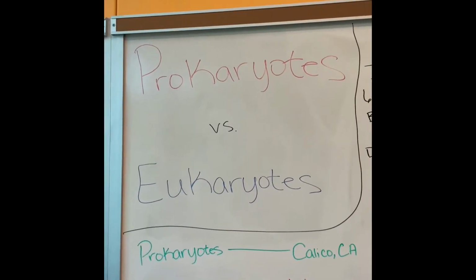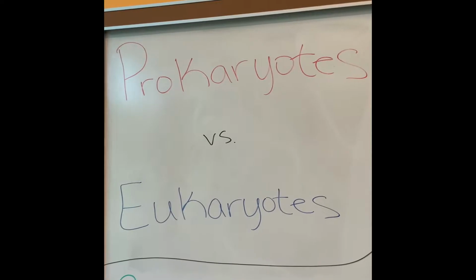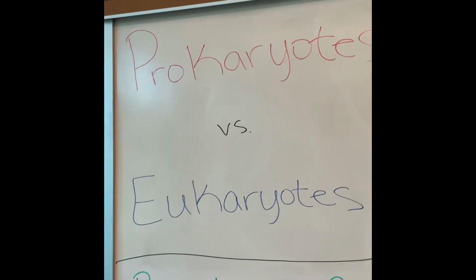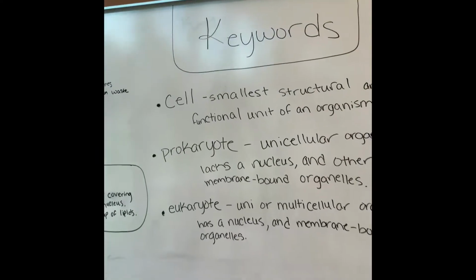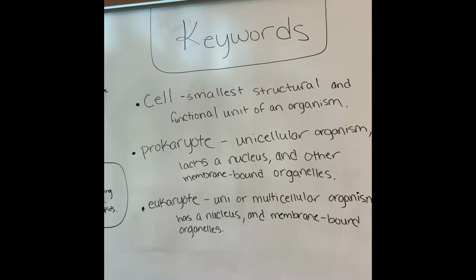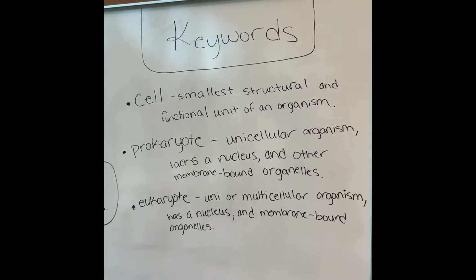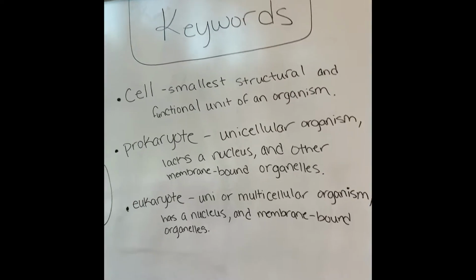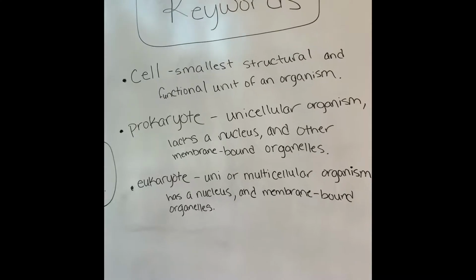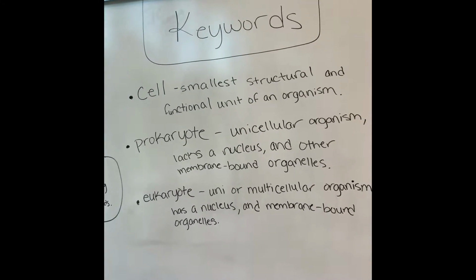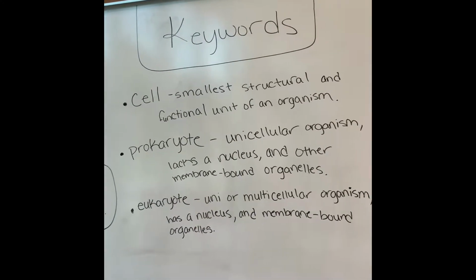All right, so as I was saying, we're gonna go into prokaryotes versus eukaryotes. We have some of our keywords. A cell, for one, is the smallest structural and functional unit of an organism. Every living organism has a cell, and they either fall into one of these two categories, prokaryote or eukaryote.